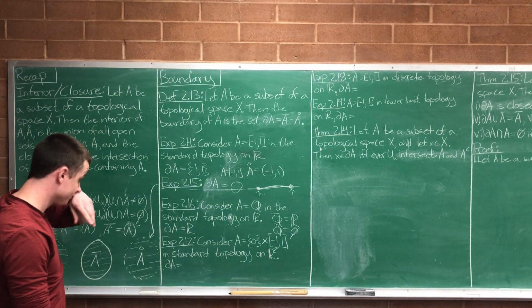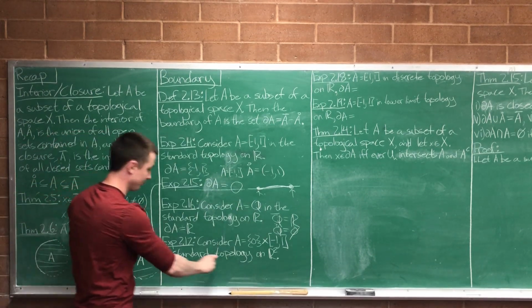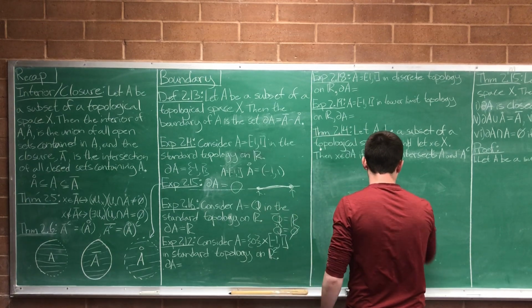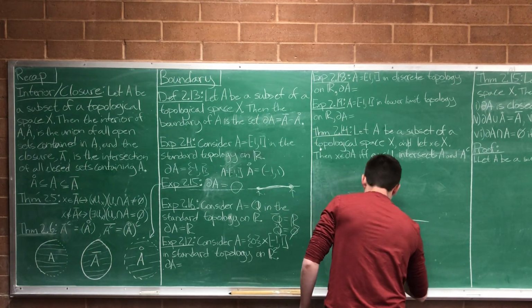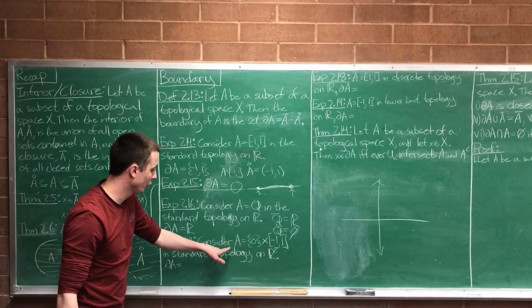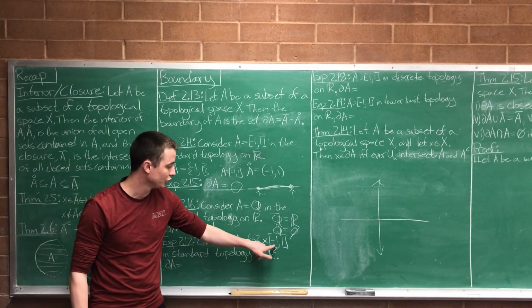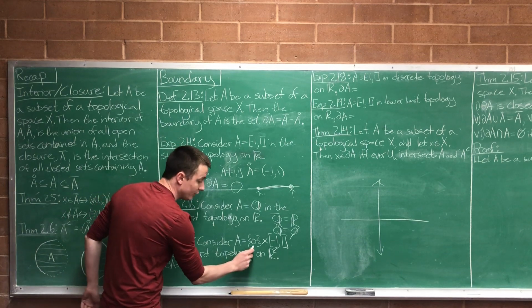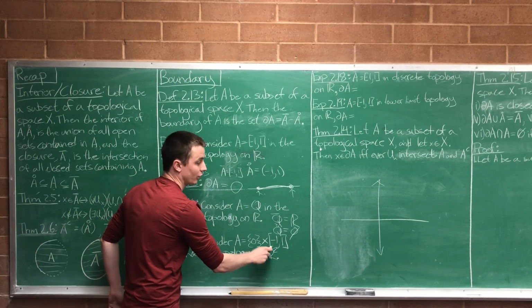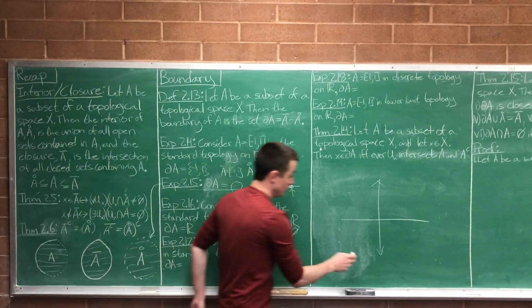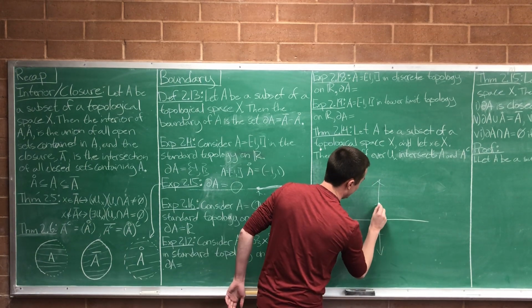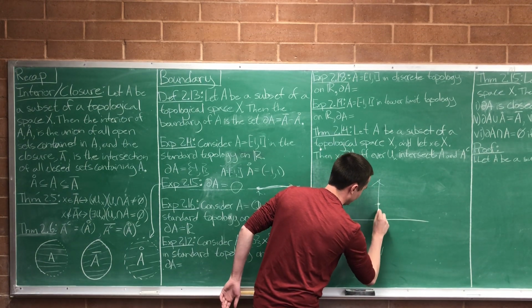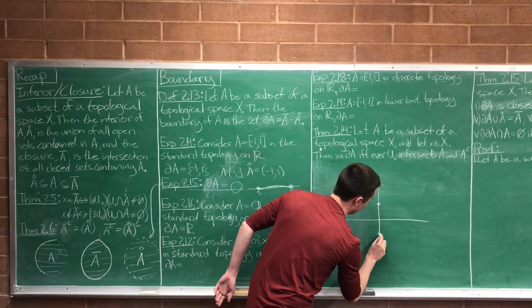Alright. Next example. Maybe a little bit of a picture to go with this one. So now we're in R2. And I'm looking at A. A is {0} crossed with [-1, 1]. So all my x coordinates are 0, and all my y coordinates are going from -1 to 1. So here's -1, here's 1. We're looking at the interval from this point down to here.